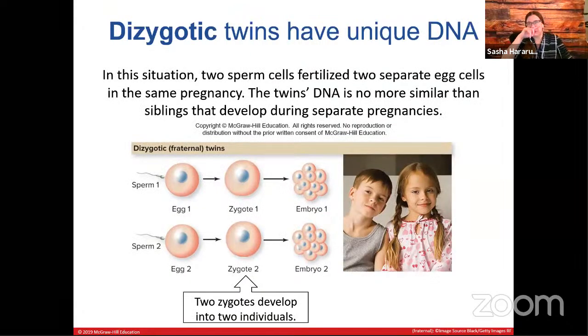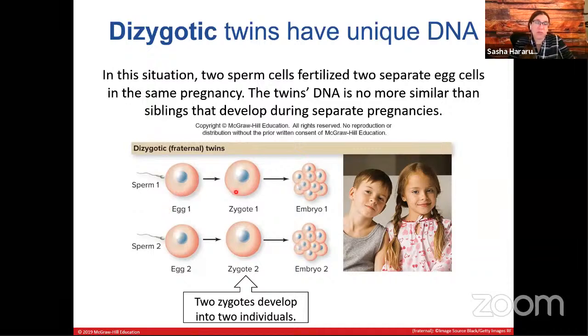The second type of twins are fraternal twins, also called dizygotic twins. In dizygotic twins, there are two sperm cells and two egg cells involved.